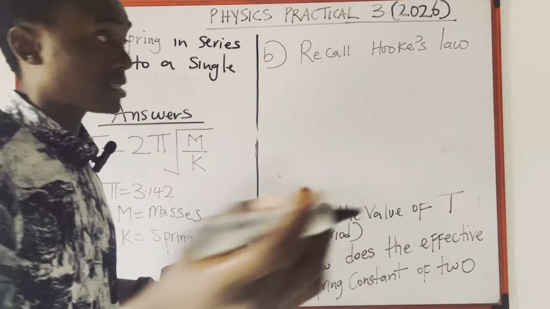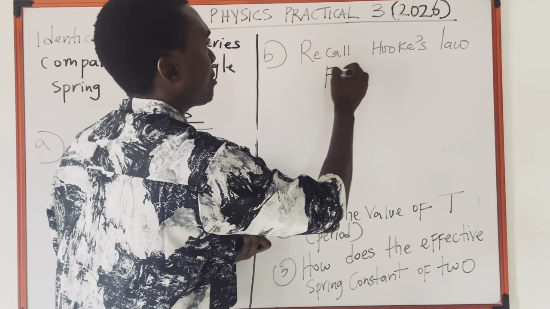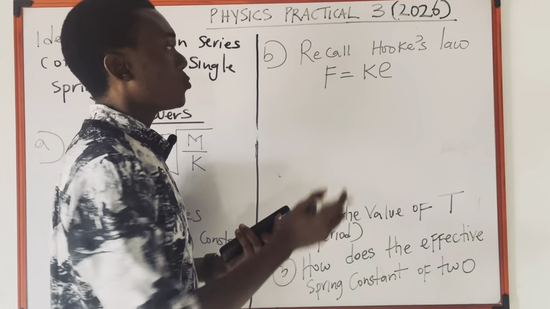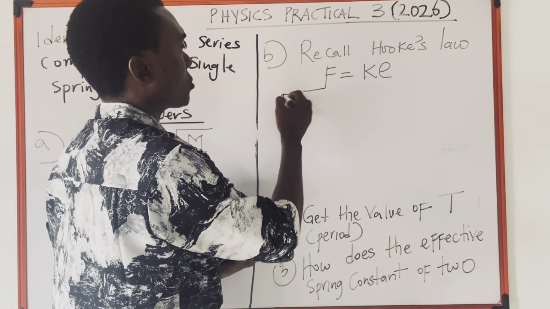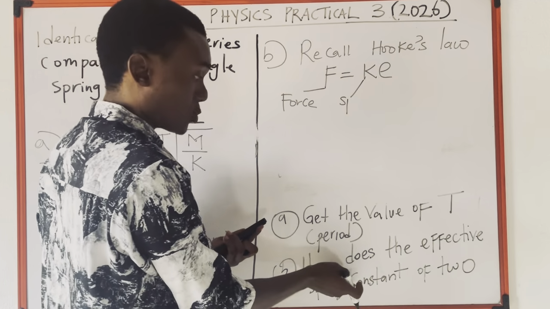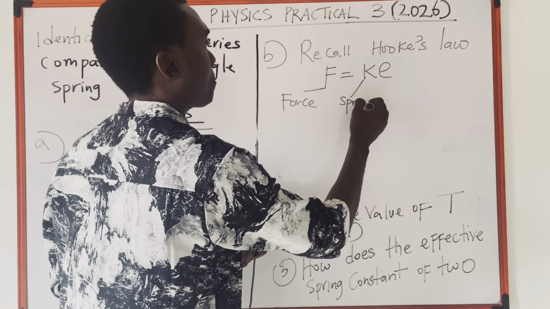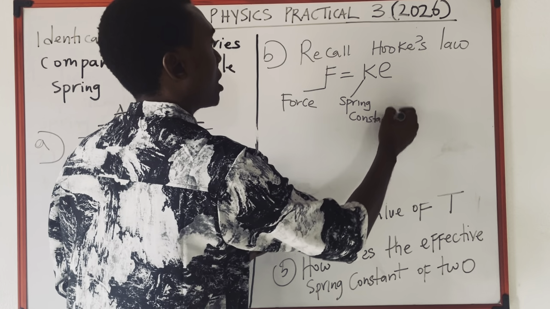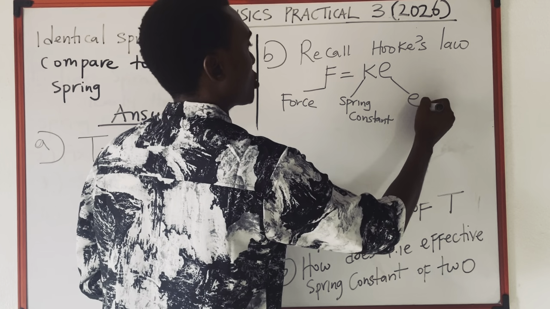Now, Hooke's law states that F is equal to KE, where F is force, K is the spring constant, and E is extension.